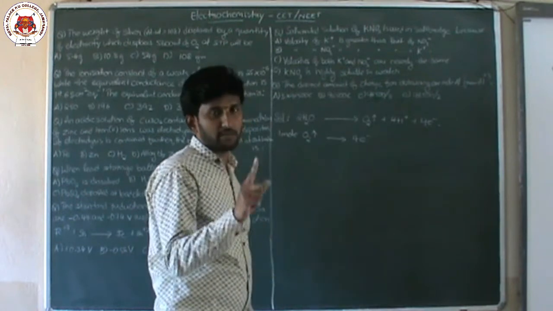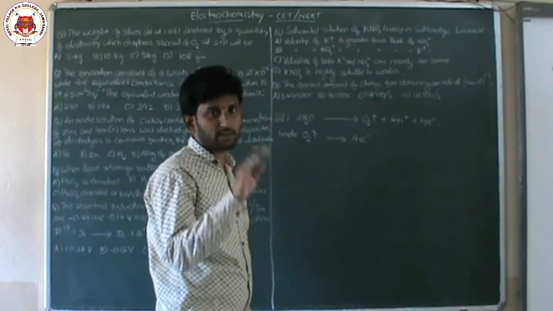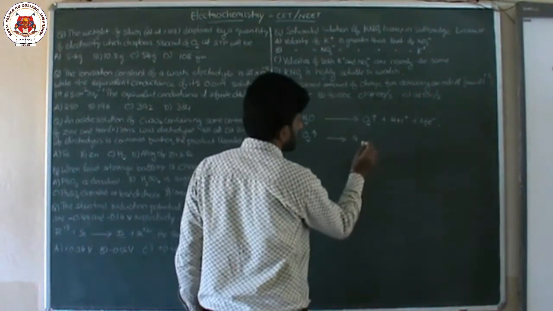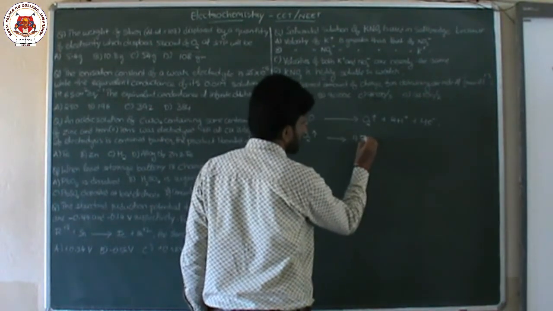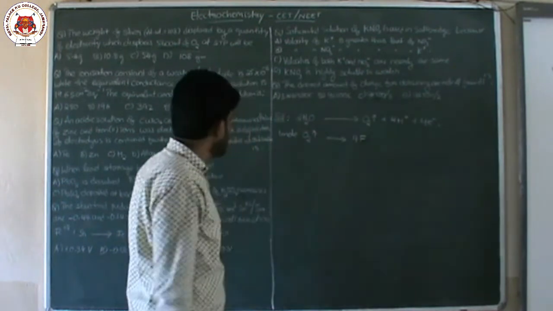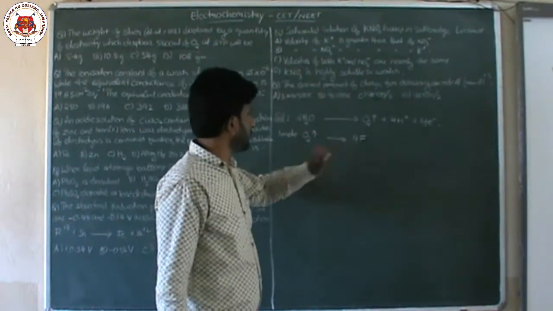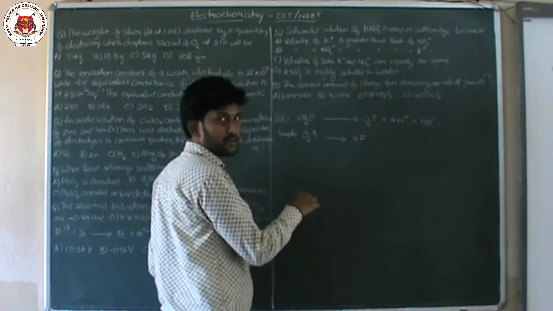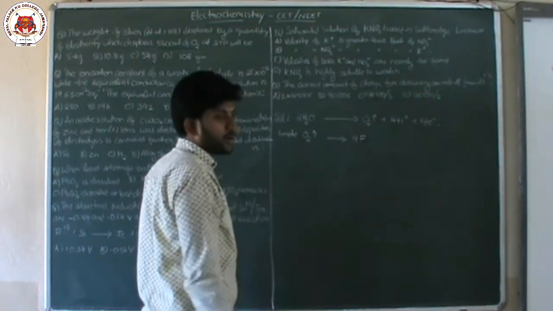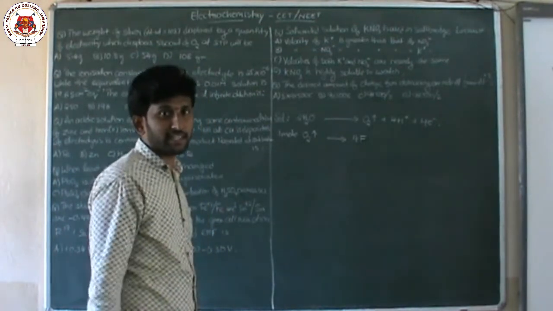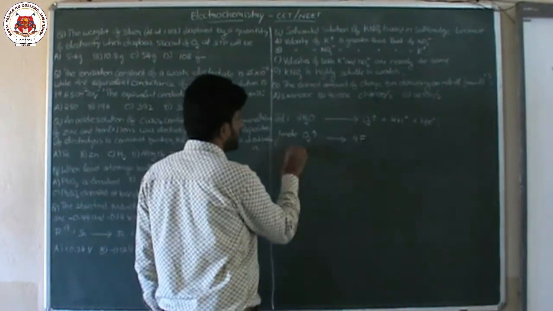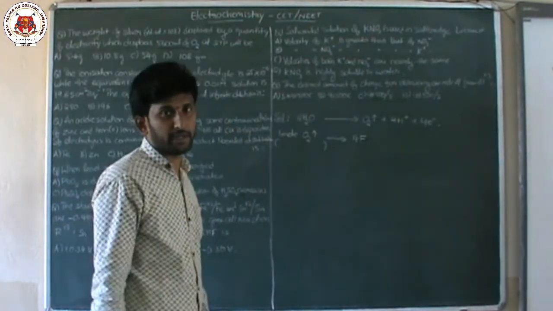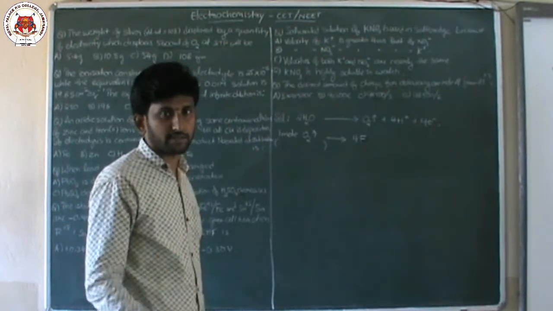The charge on 1 mole of electrons is 1 farad, so 4 moles of electrons means 4 farads. So 1 mole of oxygen, 4 farads. According to Avogadro, 1 mole of any gas at STP occupies 22.4 liters.